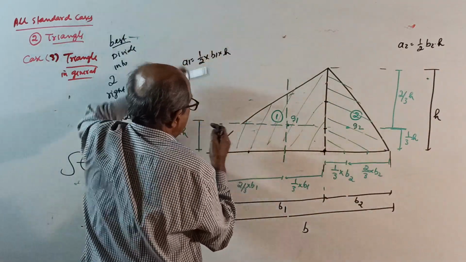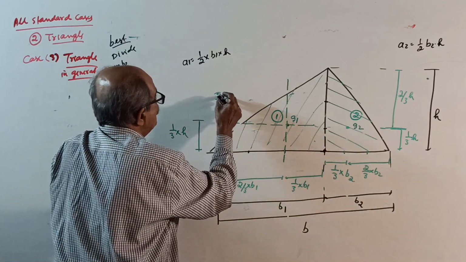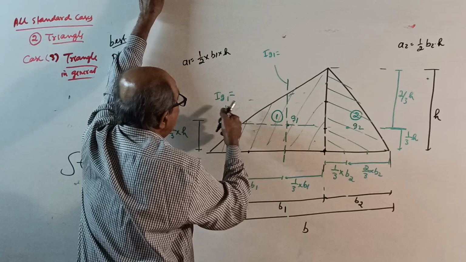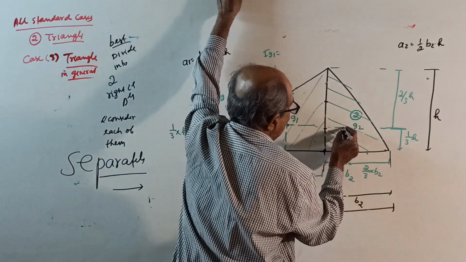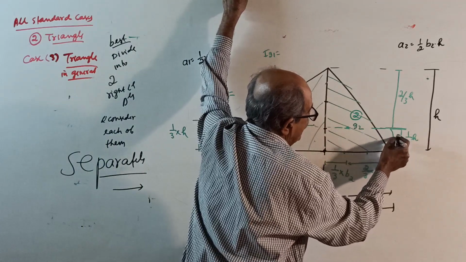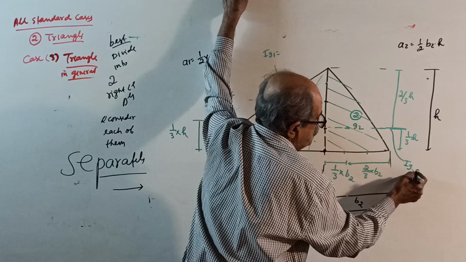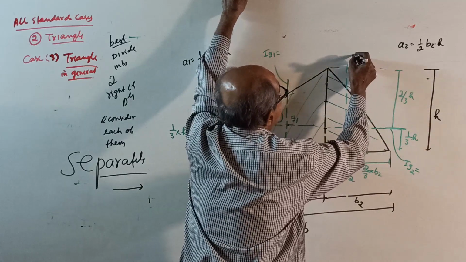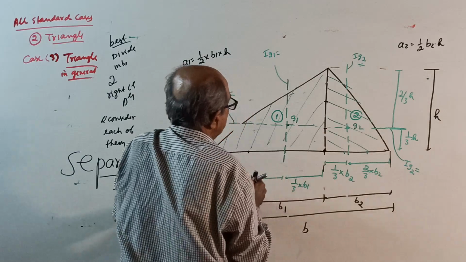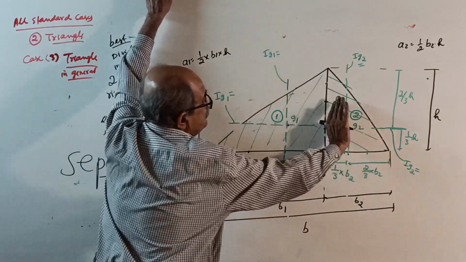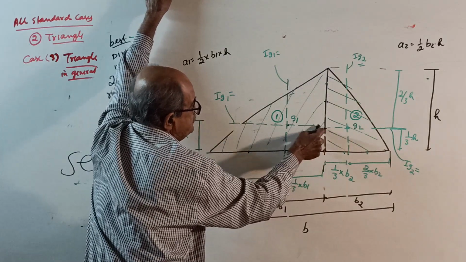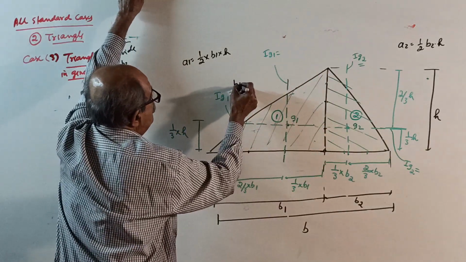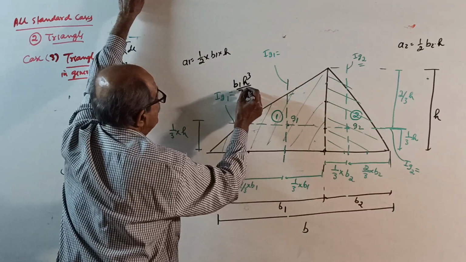And when you want the Ig for figure 1, Ig1: this Ig1 means this Ig and this Ig, and later for figure 2, this Ig2 and also this Ig2. No problem. For this Ig1, right angle triangle, it is B1 into h cube divided by 36.